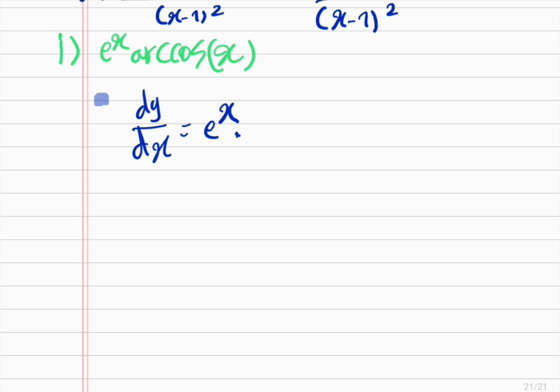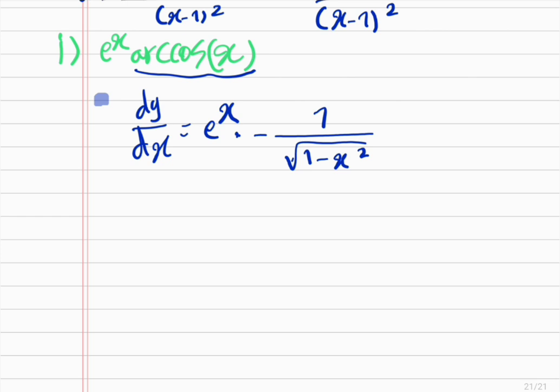So the derivative of the second function, which is arc cos x, is just minus, it has a negative, the derivative of the inner function on top, which we showed is u dash, and then the denominator is the square root of 1 minus the function squared, 1 minus u squared. So in this case, substituting these values, u dash is the derivative of x, which is just 1. So that's 1 here. And then u squared is just, the function itself here is x, so it's just x squared.